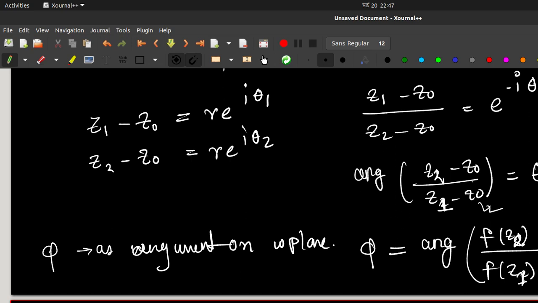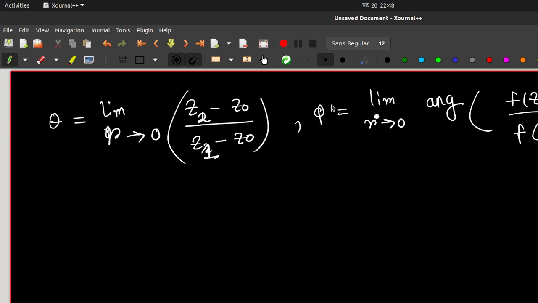You can use r prime if you want, and this would be given by the argument of f of z2 minus f of z0 divided by f of z1 minus f of z0. And since the distance, that means the r, will go to 0, it's better to keep just one r so that we can avoid confusion for now.